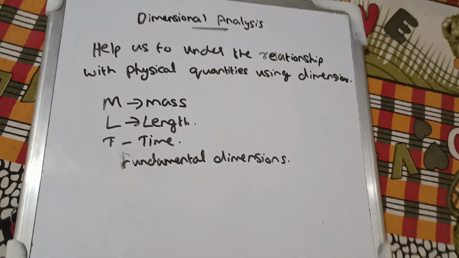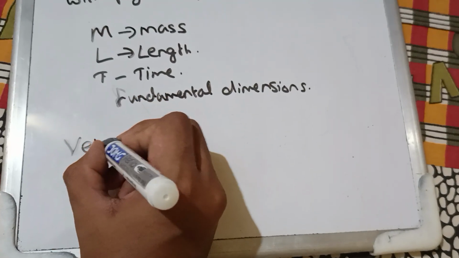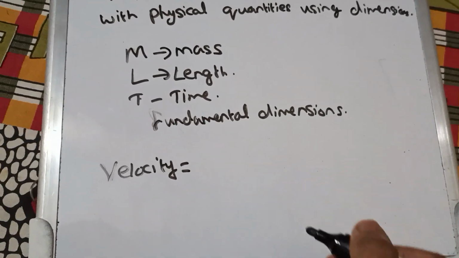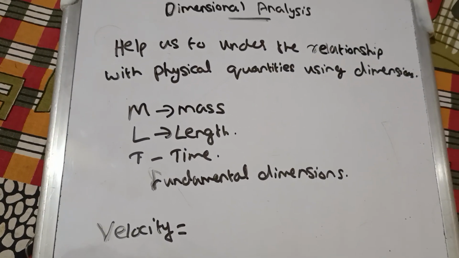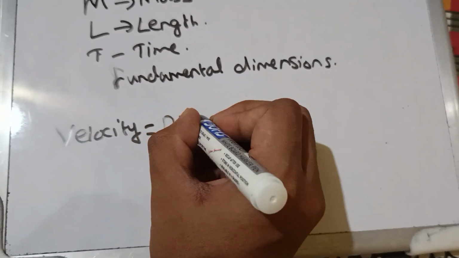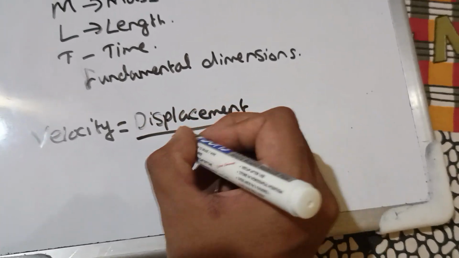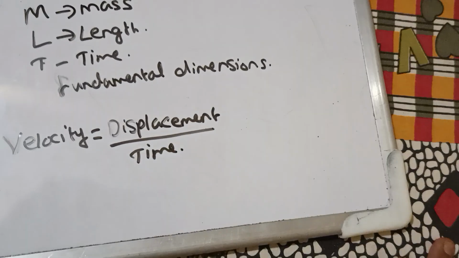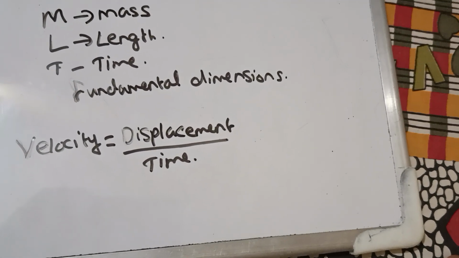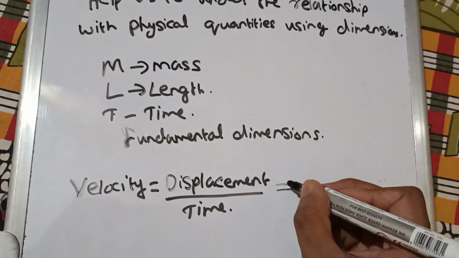Now let's take an example. Velocity is equal to distance divided by time, or displacement divided by time. Then what can the dimensional formula of velocity be?